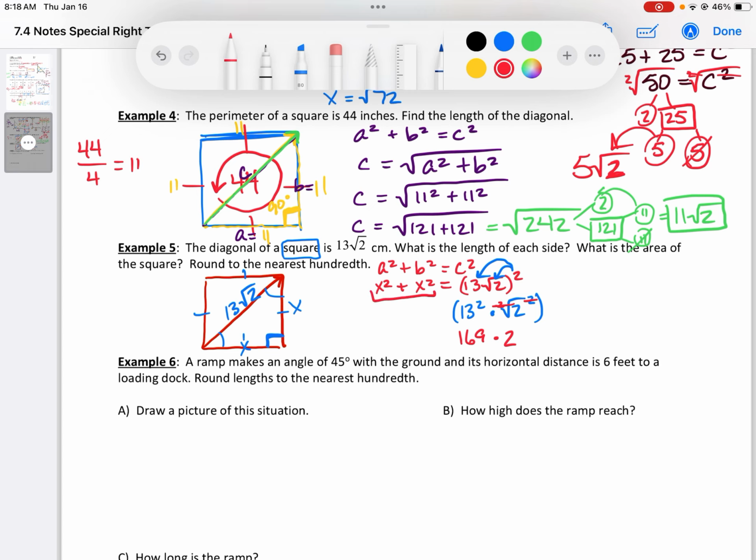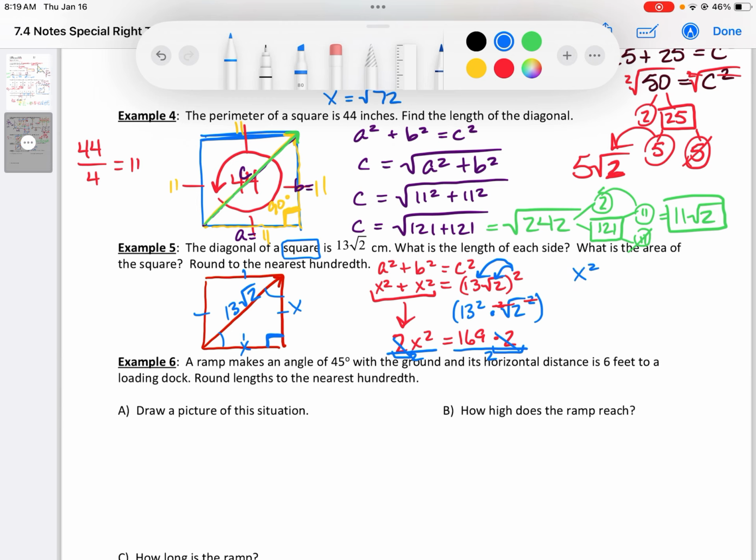On this side, I have x squared and x squared, and when I add those together, I get 2x squared. And so I already see right here, I have a 2, and out front here, I have a 2. So if I just divide both sides by 2, those will cancel out.